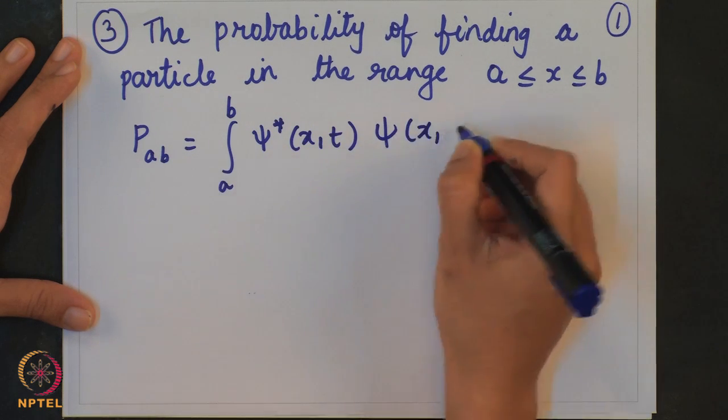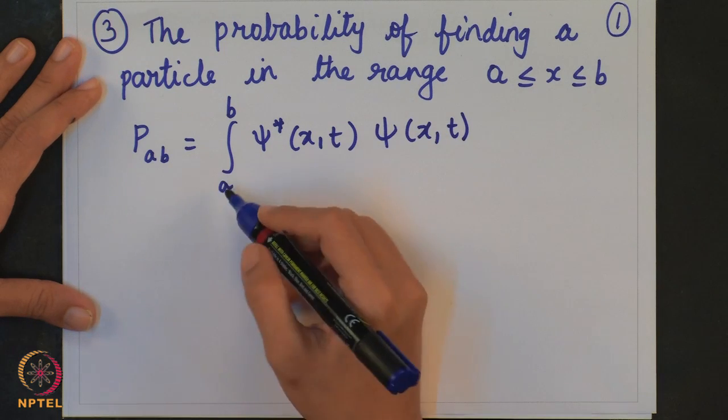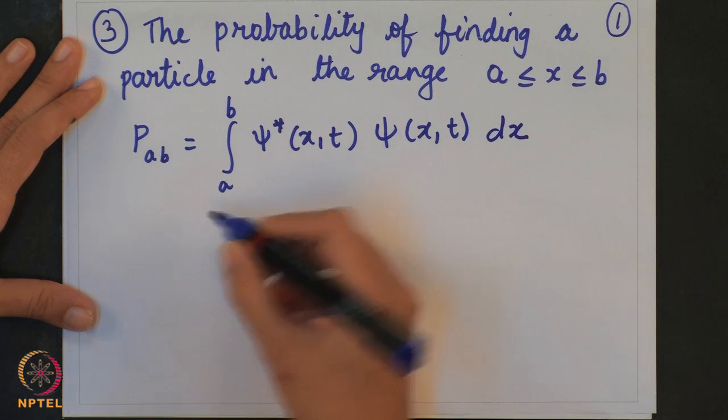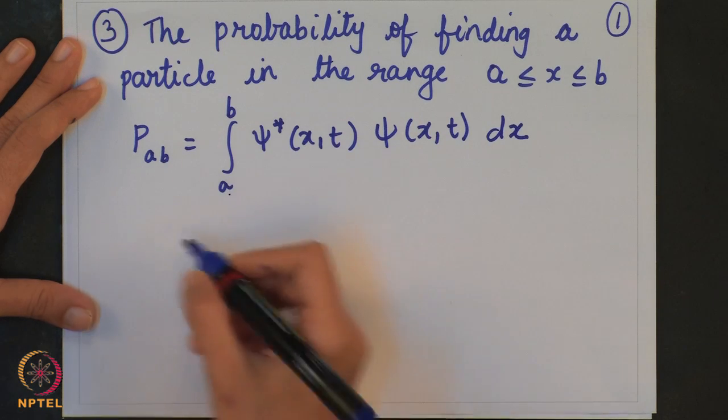This is the general expression, and since we have to find it between the two limits, I write it as the integral from a to b dx.